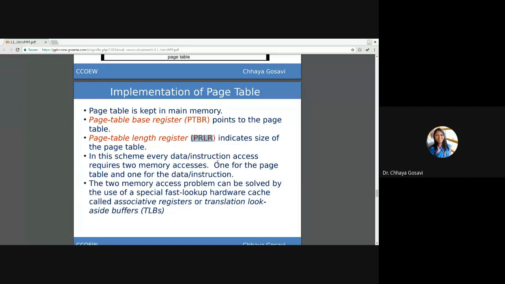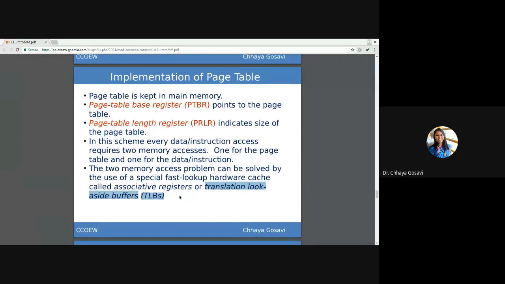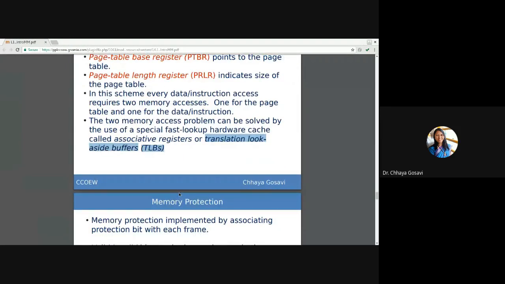And this two access problem can be solved by use of fast lookup hardware cache memory, which is also called associative registers, or there is one more name, that is translation lookaside buffer or TLB. So the translation lookaside buffer is over and above the page table. So instead of going to the page table and then reading frame numbers, frequently used frames or pages are directly stored in cache memory.